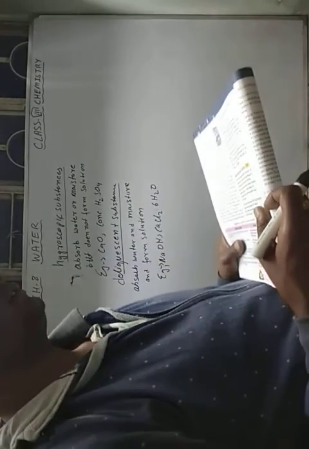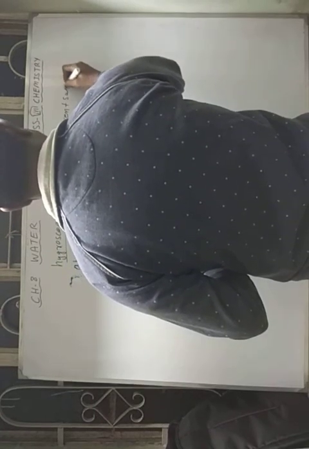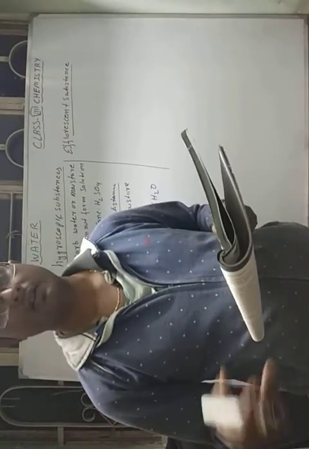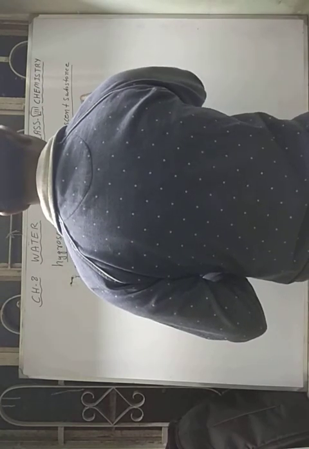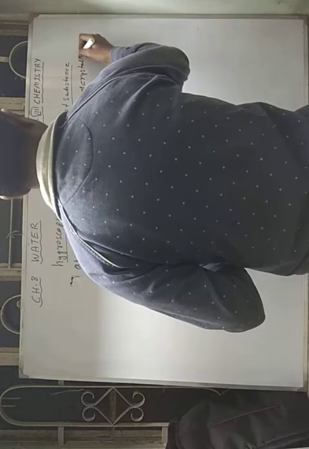Next point is efflorescent substances. What are efflorescent substances? The substances which, when exposed to air, lose their water of crystals.